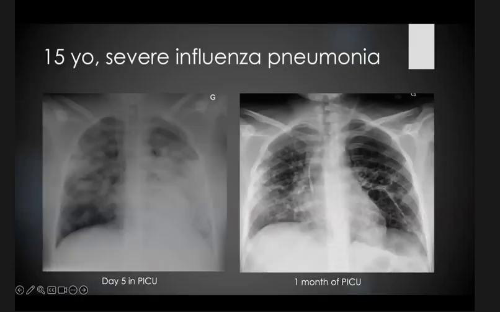This is a 15-year-old girl with severe influenza pneumonia, in the PICU for a couple of days or months. She basically had a multilobar pneumonia from the influenza. One month later, still in the PICU, we see that she has a lot of scars and coarse reticular opacities in her lung and hyperinflation of the left lung.